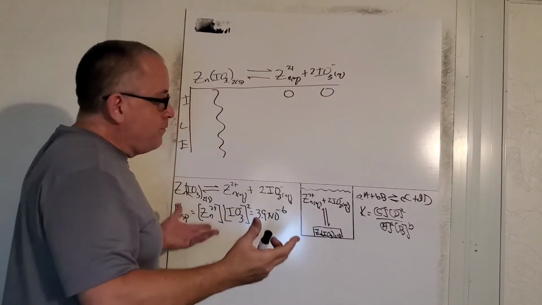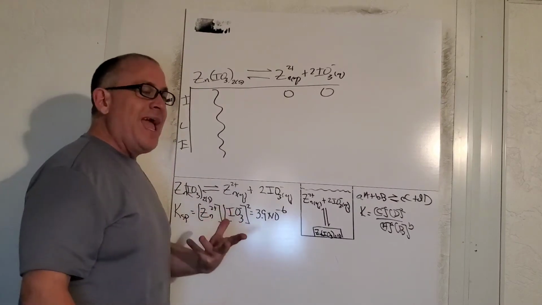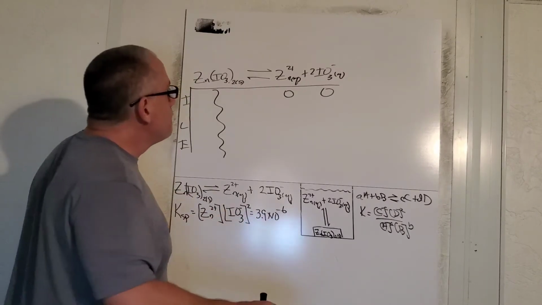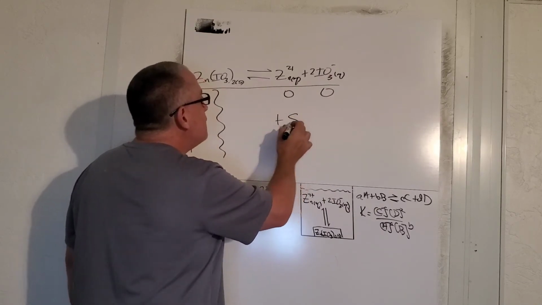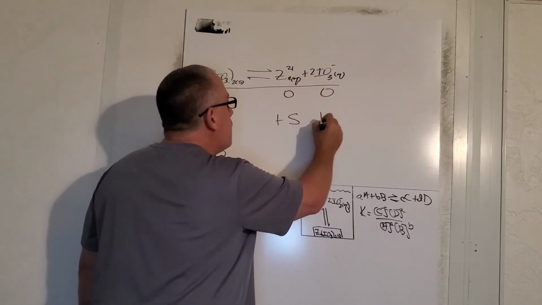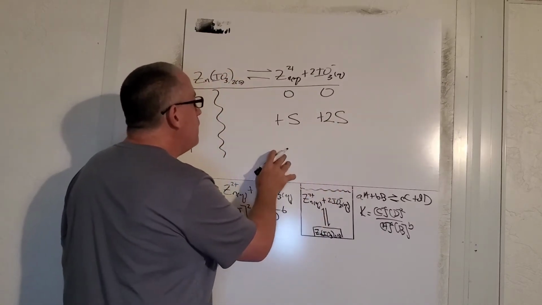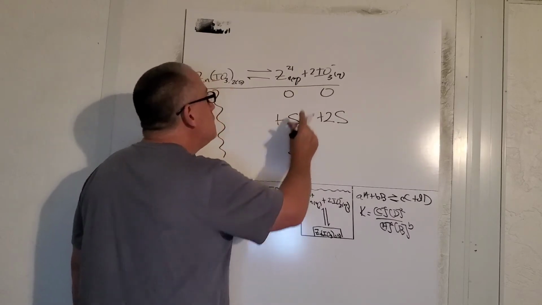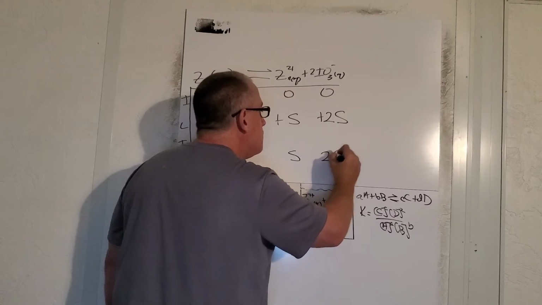But by tradition or custom, instead of using X, they use a capital letter S. Exact same mechanics. So this is going to go up by S. And if this is S and that's a 2, this will go up by 2S. So at equilibrium, the concentration of zinc will be 0 plus S, which is S. The concentration of the iodate will be 0 plus 2S, which will be 2S.